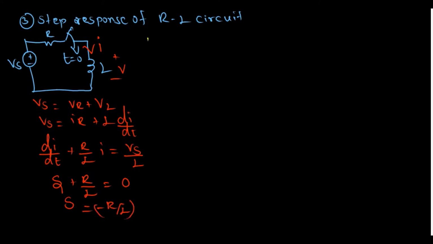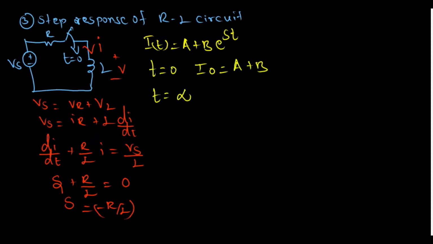For this type of characteristic equation, the answer becomes I(t) equal to A plus B into e to the power st. At t equal to 0, the I value is I naught, so I naught is equal to A plus B. At t equal to infinity, I is equal to I infinity, which means I infinity is equal to A. So B is I naught minus I infinity.